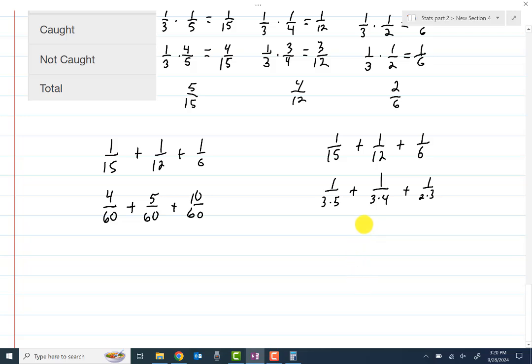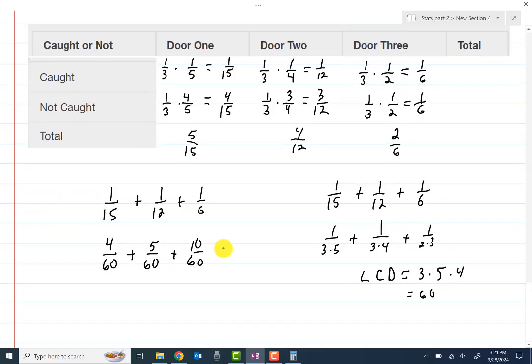What I'm saying is my least common denominator is going to be this: I'm going to choose the 3, a 5. But if I only choose 2, it's not going to be a big enough number. If I only choose 2, I'll only go up to 30. If I choose 4, I will go up to 60. So when I add these all up, just add along the numerators, I get 19 over 60.